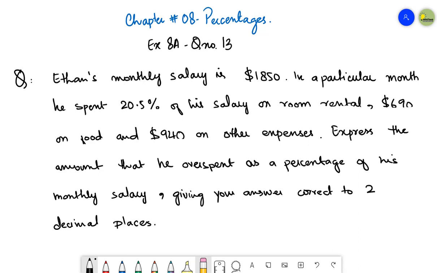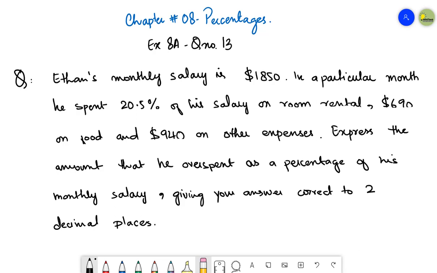Ethan's monthly salary is $1850. In a particular month, he spent 20.5% of his salary on room rental, $690 on food, and $940 on other expenses. Okay, let's talk about these three lines.